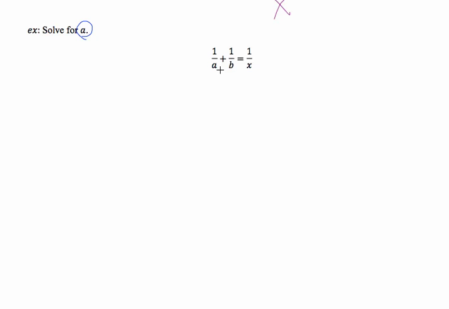So let's get rid of the fractions. So the three denominators here are a, b, and x. So the lowest common multiple of those is their product, a times b times x, because they have no factors in common. So we'll multiply the whole left side by abx. So I have abx times 1 over a plus 1 over b equals abx times 1 over x.